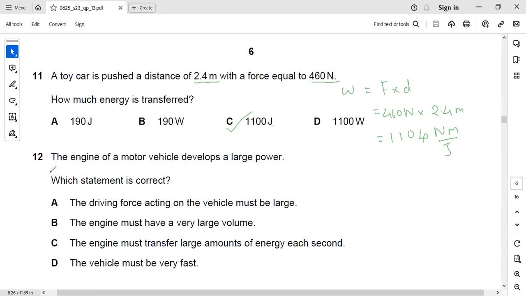Next, the engine of a motor vehicle develops large power. Which statement is correct? So power means you can write it as work done by time taken.